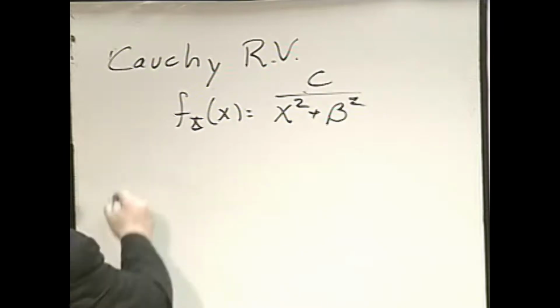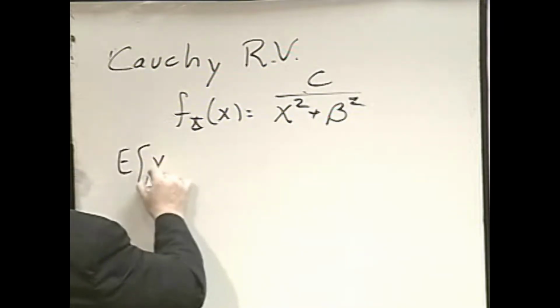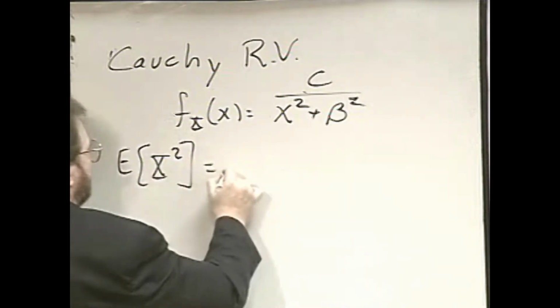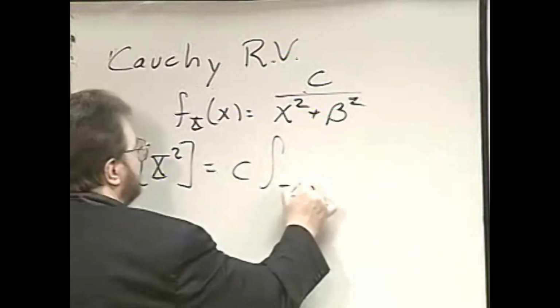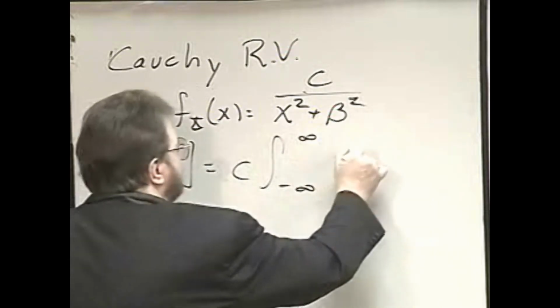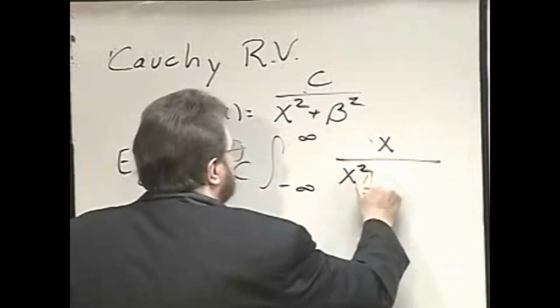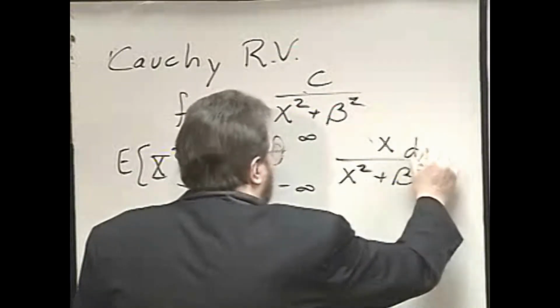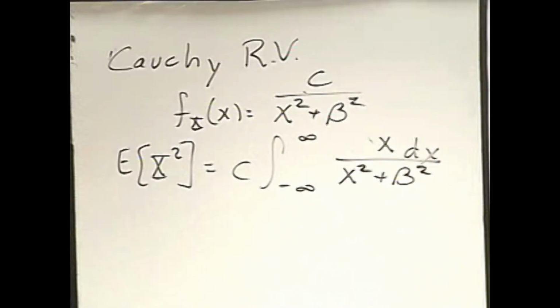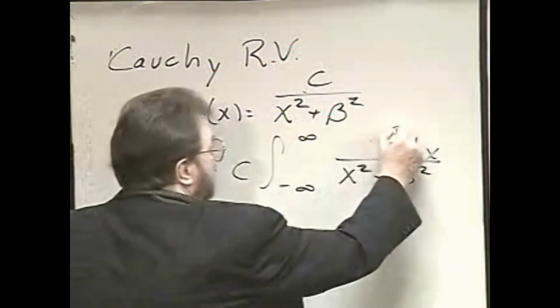If we were to look at the second moment of the Cauchy random variable, we would have an expression which looks like this. Yeah, it should be x squared, thank you.